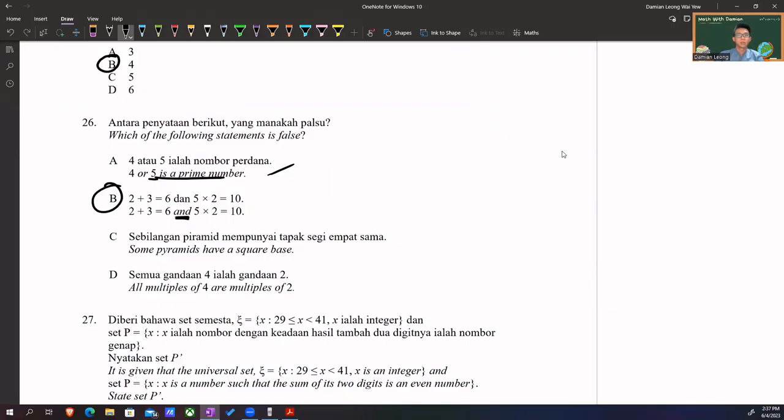So answer B. This one, some pyramids have square base, that's correct. Only some of them have. Pyramids can have triangular base, hexagonal base, any different base. All multiples of 4 are multiples of 2. Yes, that is true.